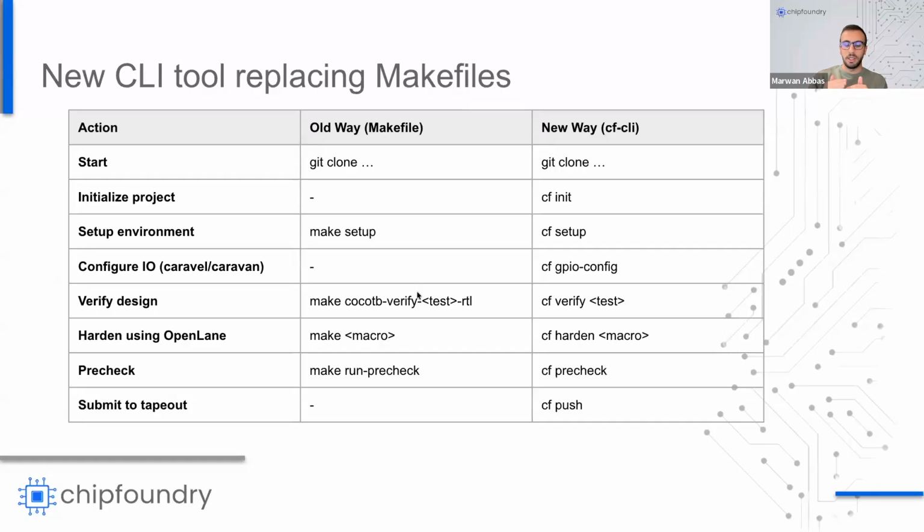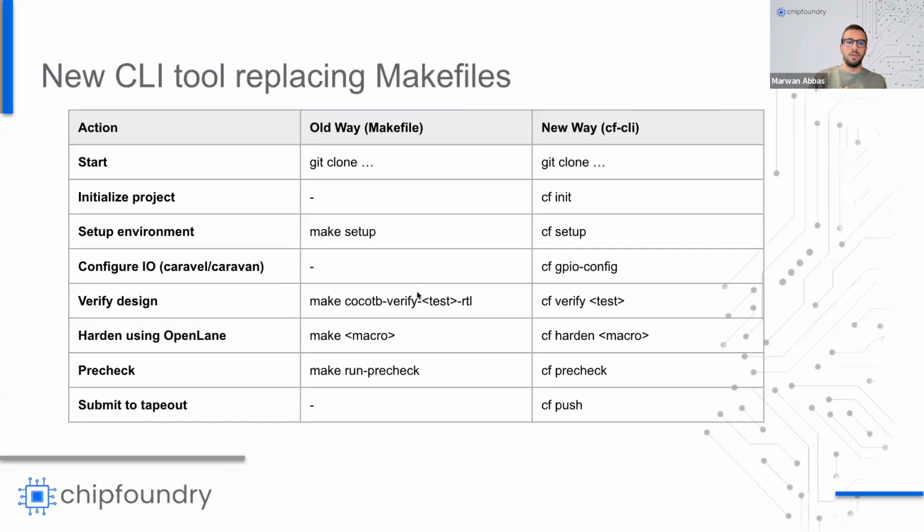And we kept the same flow as what we used to have in the makefile, so it's not an entirely new flow, and even the commands themselves are similar to what we had in the makefile flow.